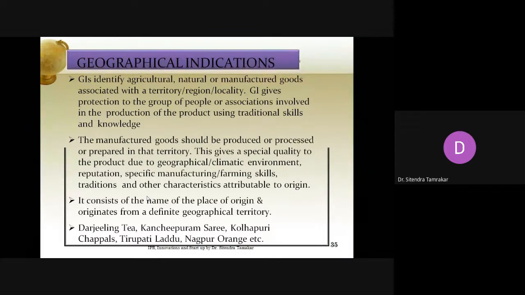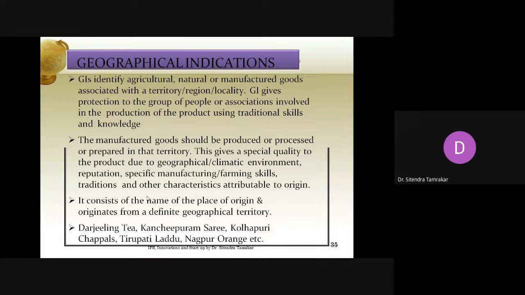So under this GI, what happens? The manufactured good should be produced, processed, or prepared in a specific territory that gives a special quality to the product due to its geography, climate, environment, or something else.